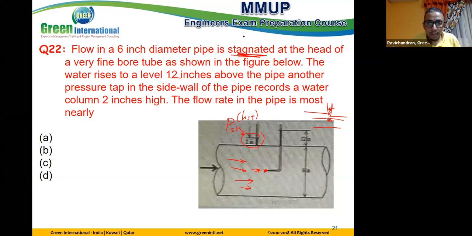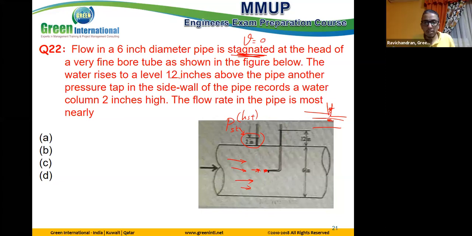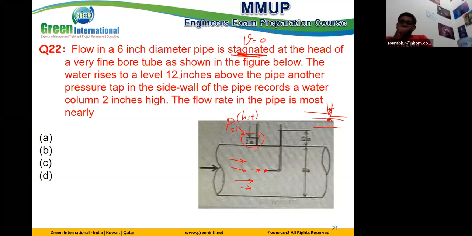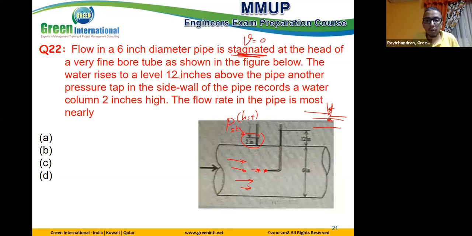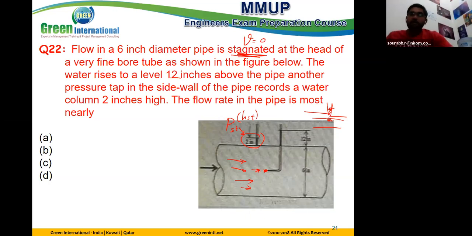Stagnant means velocity equals 0, so at this point there is no velocity. Bernoulli equation: conservation of energy. Where does this kinetic energy go? Where does this dynamic part go? It is converted to pressure.